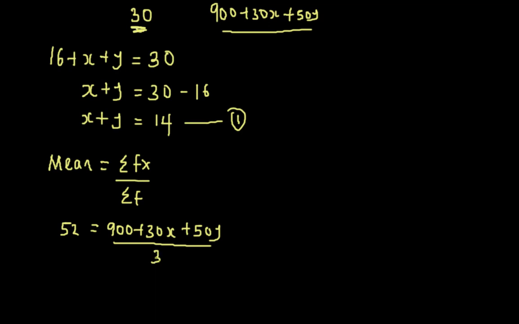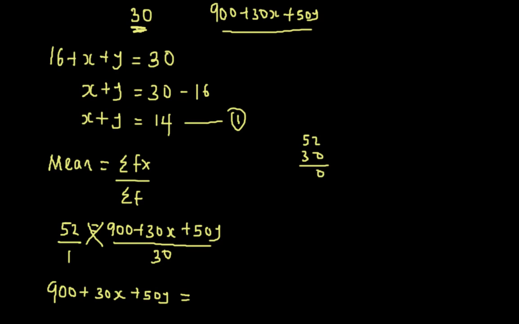So all over 30. Remember, this is over 1. Anytime we have one fraction on either side of the equals to, we cross multiply. So 900 plus 30x plus 50y times 1 will give us 900 plus 30x plus 50y equals to 52 times 30.